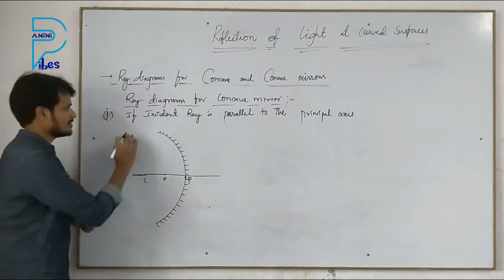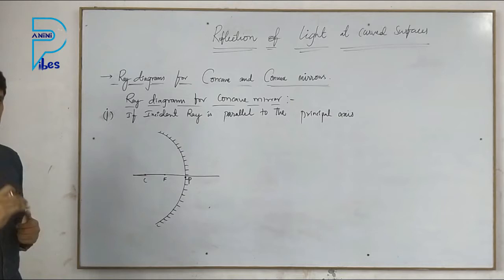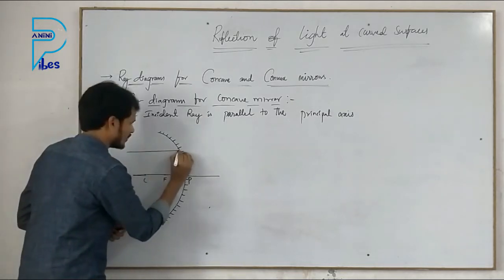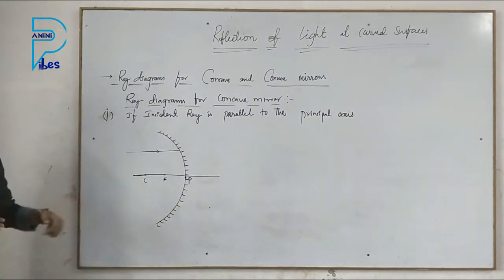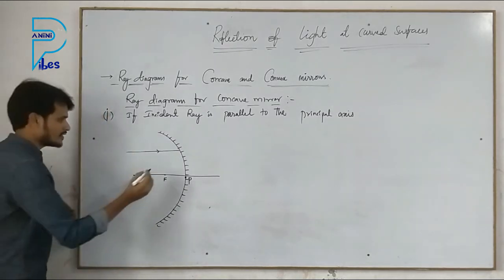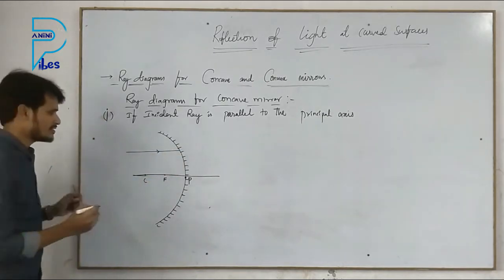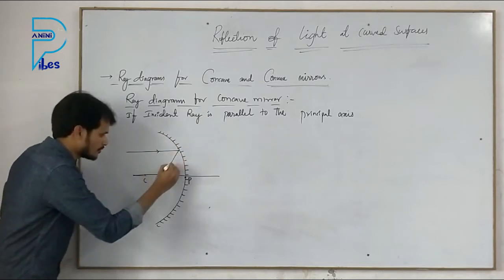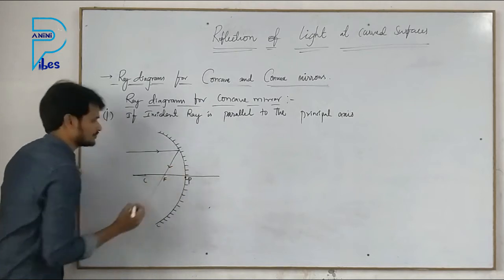Now our case is if the incident ray is parallel to the principal axis. Imagine one incident ray is falling on the concave surface, lying parallel to the principal axis. After striking the mirror surface, the reflected ray bounces back and passes through the focus.